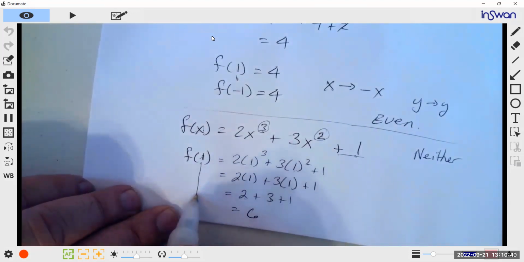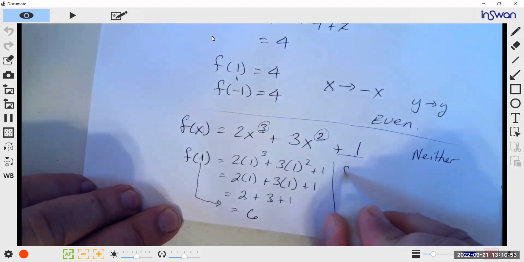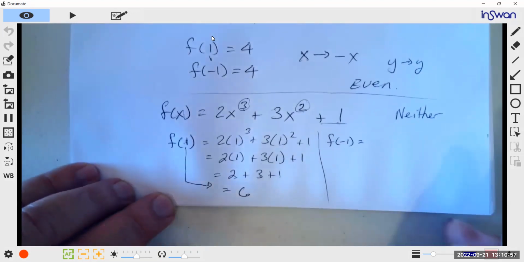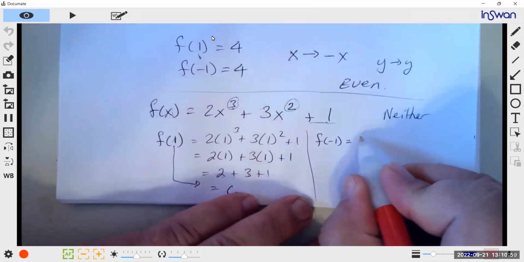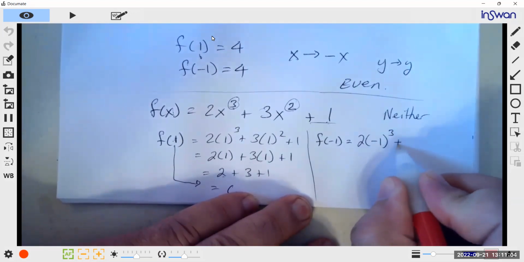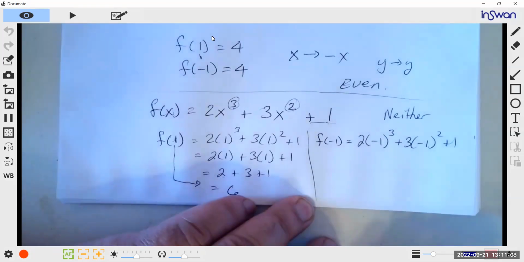So when x is positive 1, the answer is positive 6. Let's try it with negative 1: 2 times negative 1 cubed plus 3 times negative 1 squared plus 1.